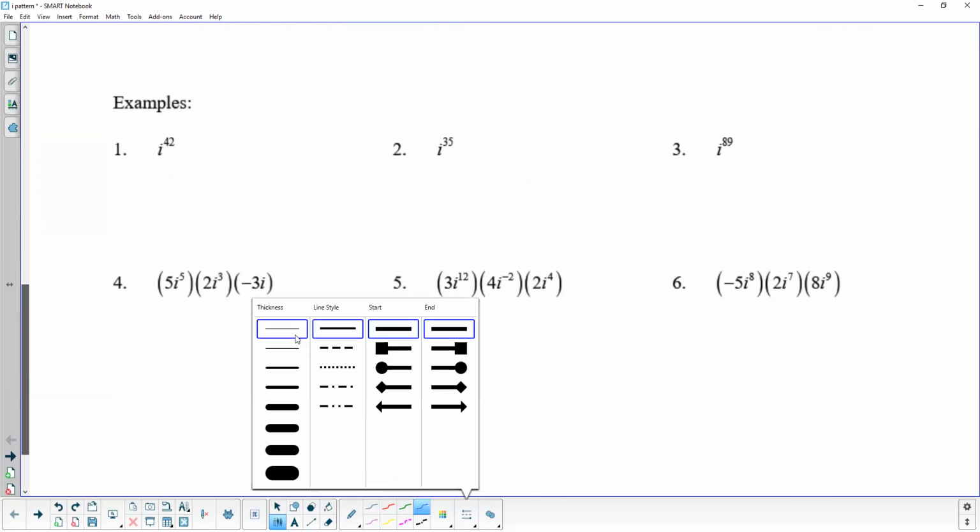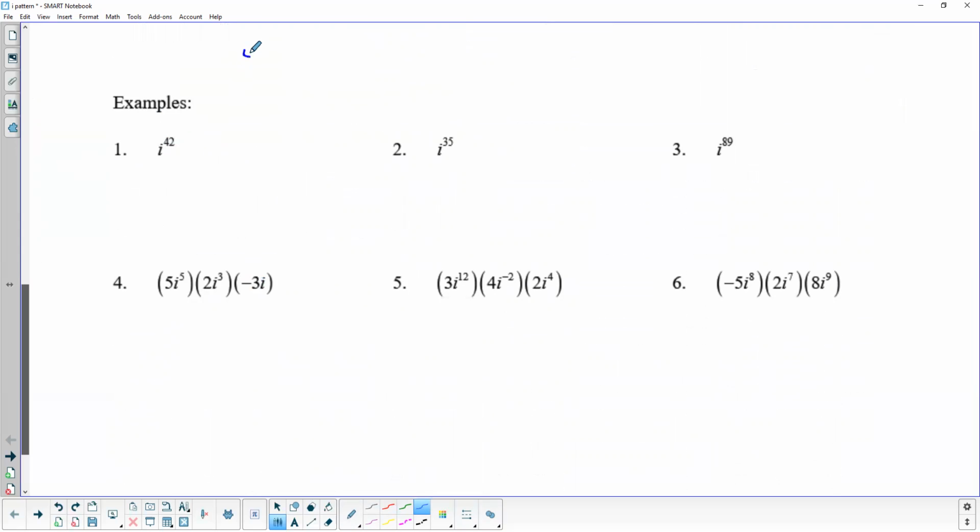The first one we'll do the long way. I just want to show you the long way to do this, and then we'll shorten it pretty quickly. So i to the 42nd. Is 42 a multiple of 4? Not quite. It goes in 10 times with a remainder of 2.